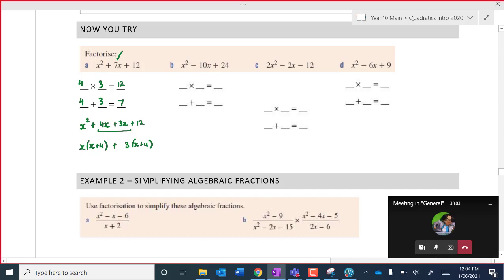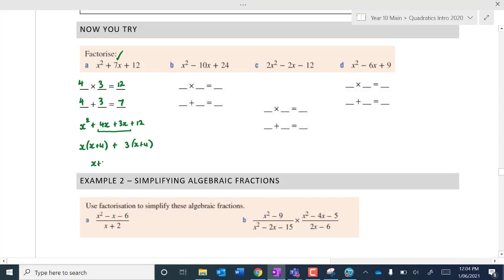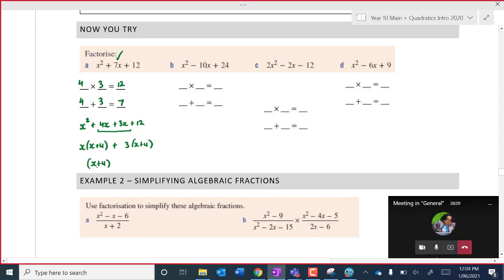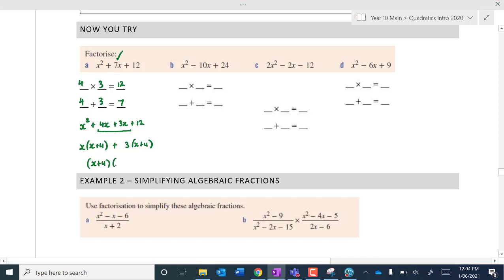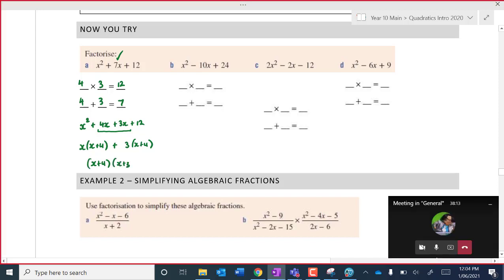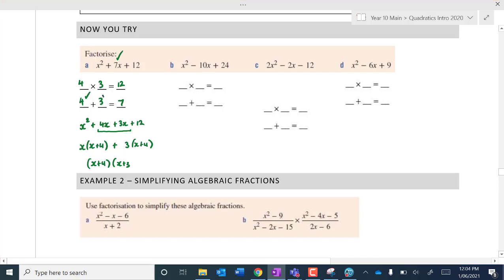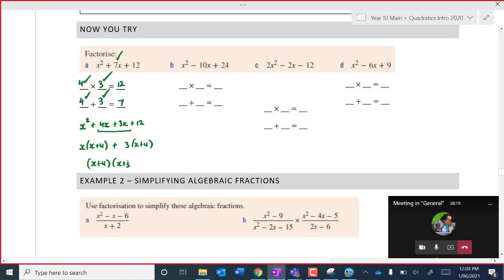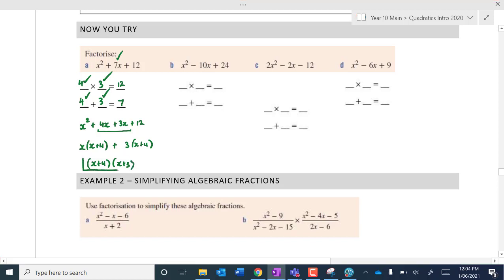The hint is x plus 4 times x plus 3. Those two numbers with an x and the sign, we've now factorized. Okay, so there you go.